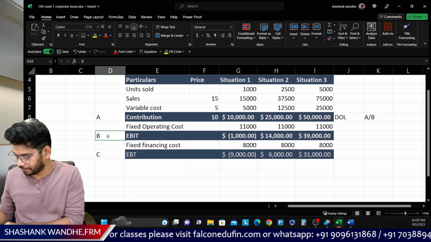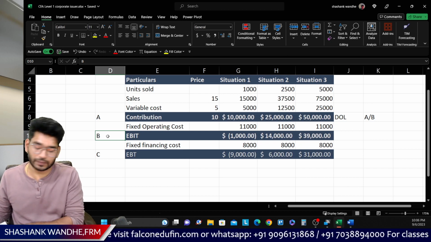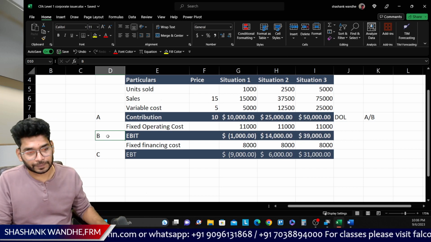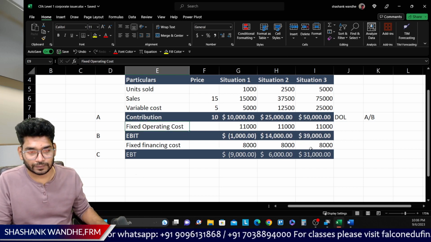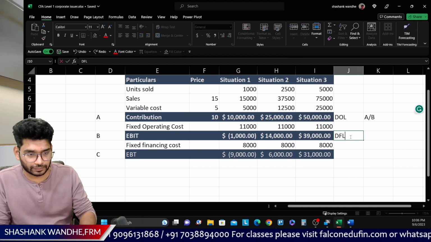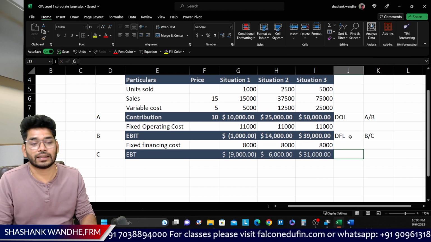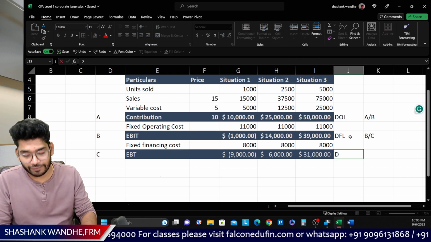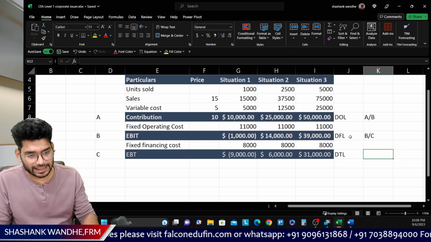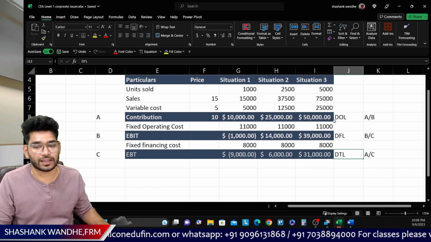Very simple concept. And in case of the degree of financial leverage, we are connecting the next point, which is B divided by C. And degree of total leverage, DTL, is equal to A divided by C. Just see.